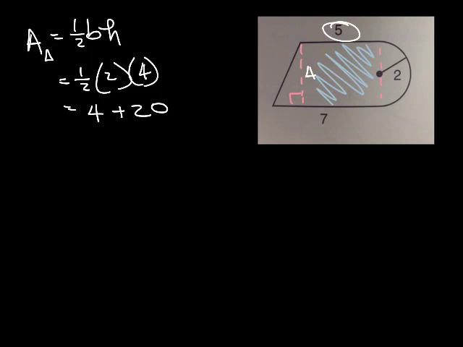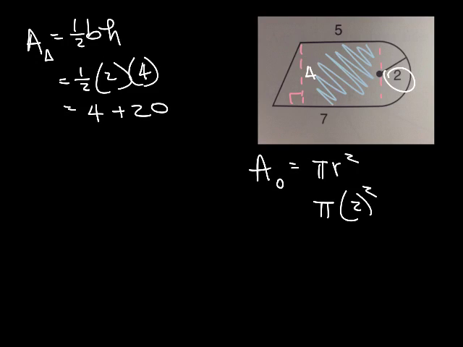Now what we need to do is find the area of the circle. Well, we know a circle is, whoops, might help if I use area of a circle is pi r squared. And we know the r is 2, so it would be pi 2 squared, or 4 pi. 2 times 2 is 4.